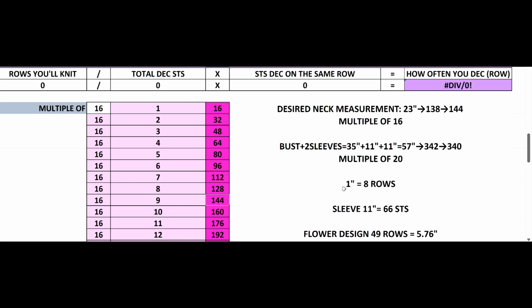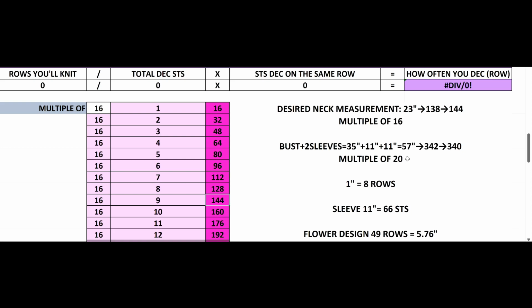All right, and next, let's look at this part. Bust, the chest, and 2 sleeves. My chest is 35 inches, and then one arm needs at least 11 inches, and add it up, 57 inches.